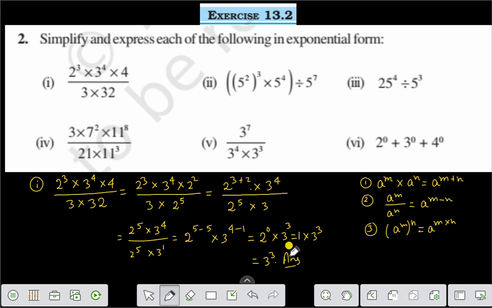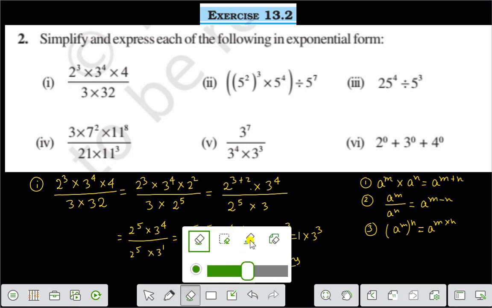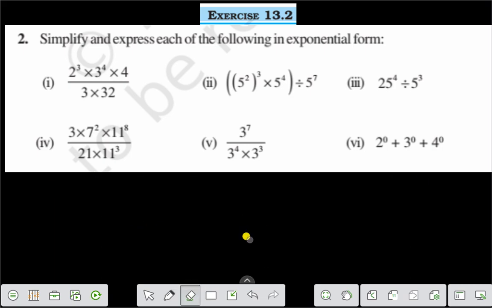Now, we'll solve question number 2. First of all, you will write the various laws of formulas for exponents. That is, a to the power m into a to the power n is equal to a to the power m plus n.